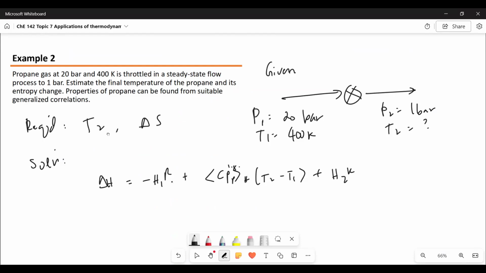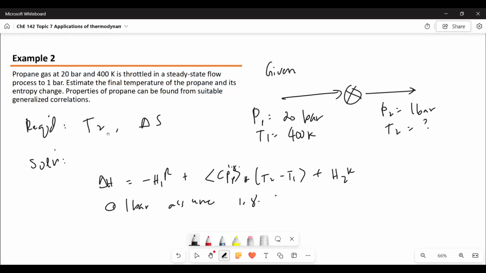Now, for simplicity, at 1 bar we can assume that propane behaves as an ideal gas. At 1 bar, assume ideal gas.